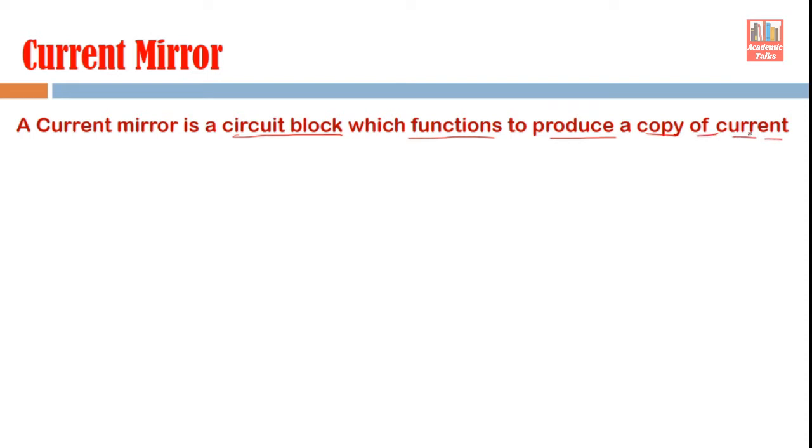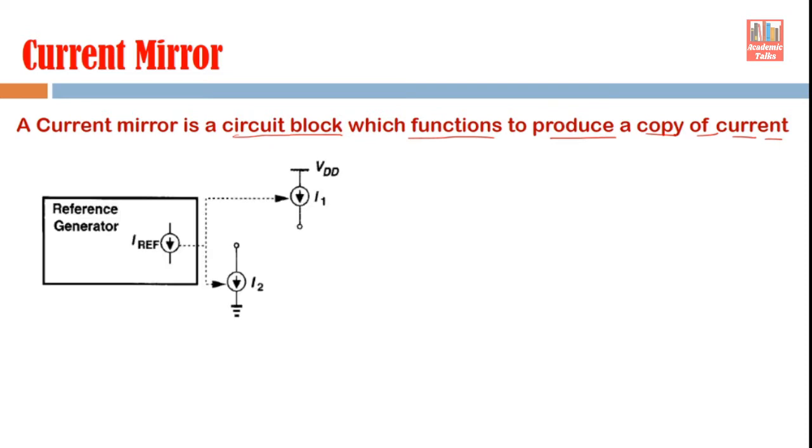So this is a type of photocopier machine. What a current mirror does is take the current from some source and make a copy of that current, and that copy can be used for some specific task or for some different block in your electronic system.